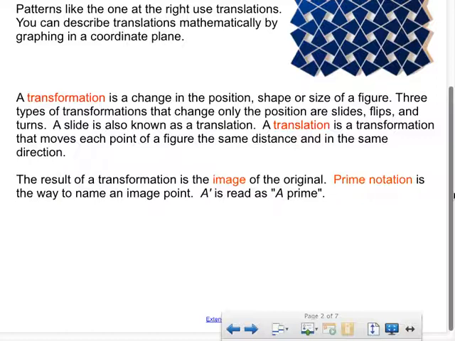So if we have a point A, we start out with point A, then A prime would be the image. Got it? Does that make sense? So I know some of you guys looking at that and saying that looks like an A apostrophe. In math, we call that apostrophe a prime. Got it? Any questions?